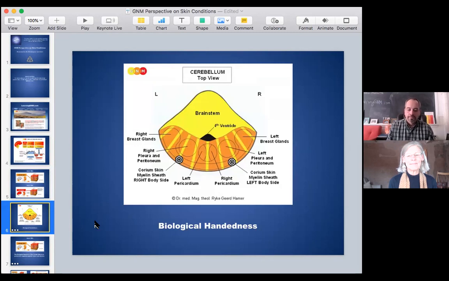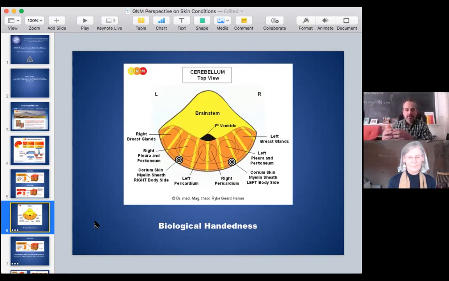We're going to look first at the brain and where the corium skin is controlled in the brain. As we talked about in past interviews, the brain is an integral part of the 3 components that make up a biological unit: the psyche, the brain, and the organ or body.